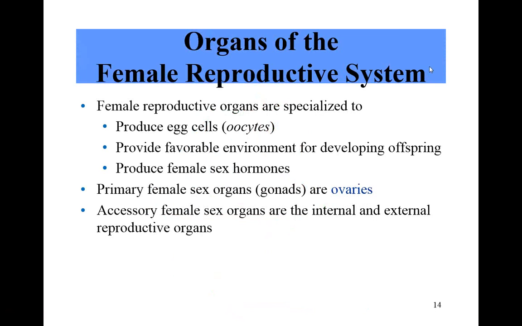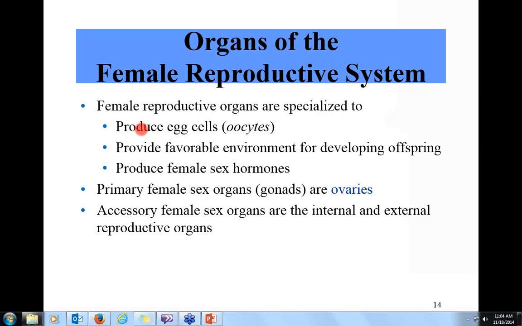Okay, and speaking of the ladies, we have the organs of the female reproductive system. I'm not going to spend a lot of time on these, but the female reproductive organs produce egg cells or oocytes. In addition, they also produce the female sex hormones, but also they have the favorable environment for the development of offspring, and this is referring to the uterus.